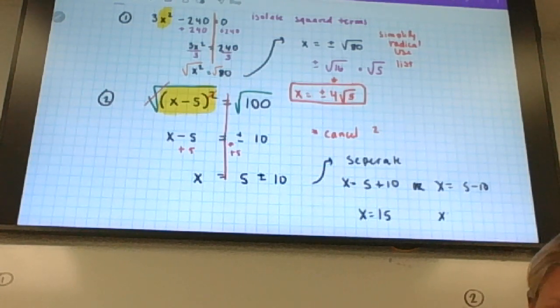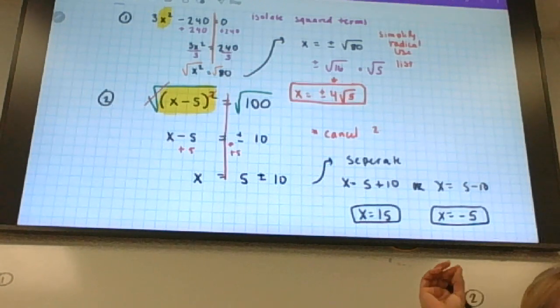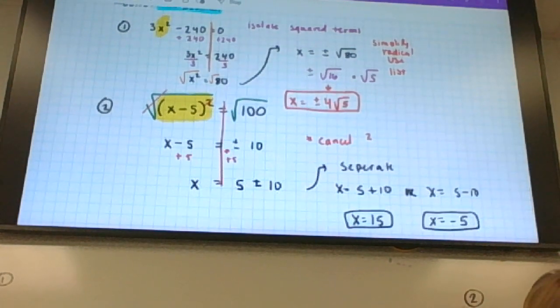So it's 15, or just like JC said, it's negative 5. 2 answers because a parabola has 2 x-intercepts. Anything x squared is a parabola. Anything where the problem is x, but it has an exponent of 2, a polynomial degree 2, they're all parabolas.